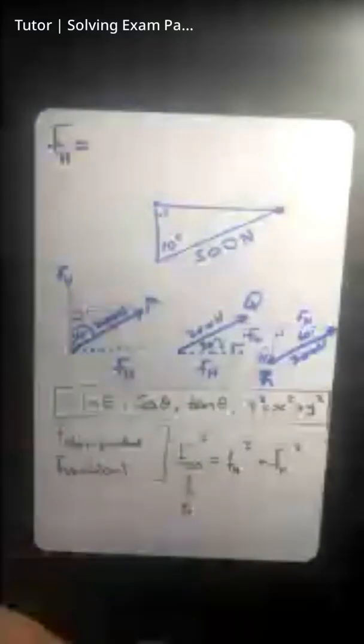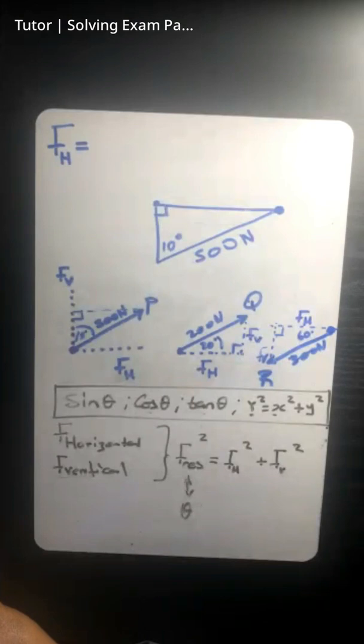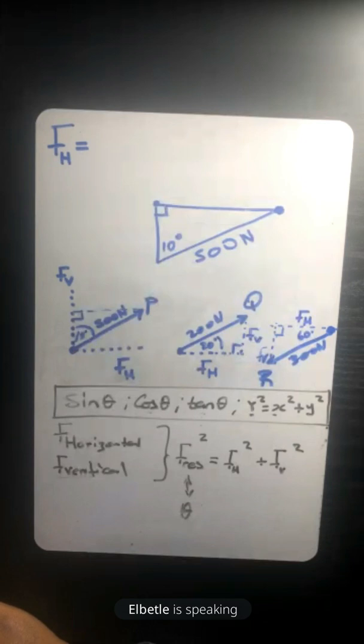So we need the horizontal force component. So we're going to use cos, I guess, because we have the... nah, let me just leave it. I'm not sure. Okay, no, it's fine. I'll just remind you guys.